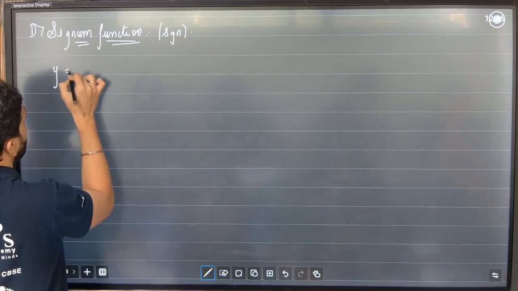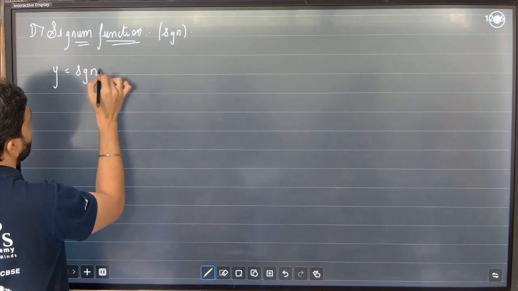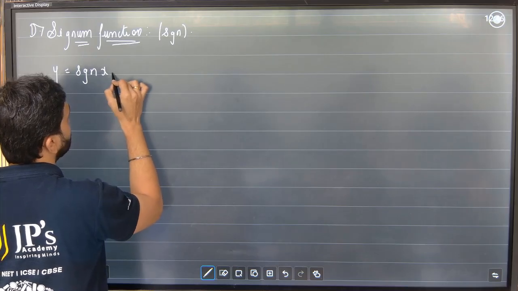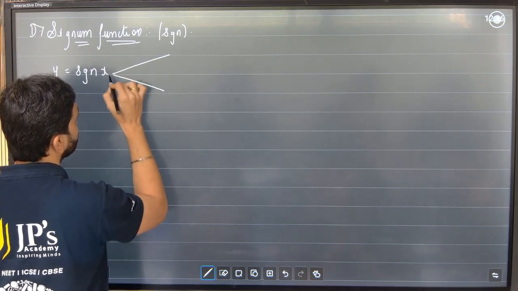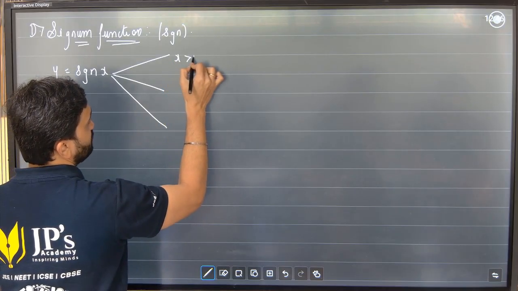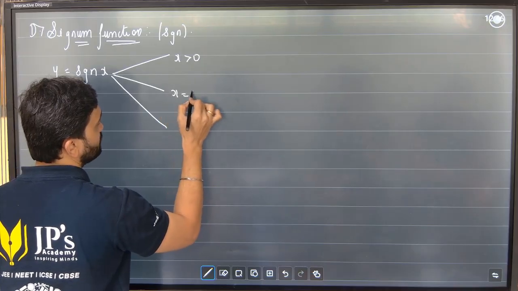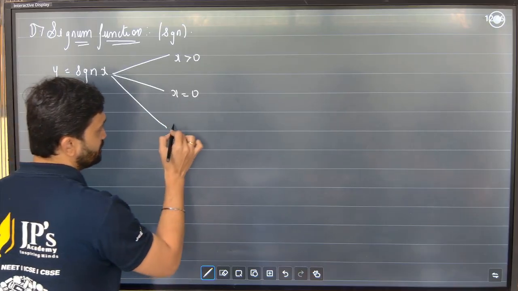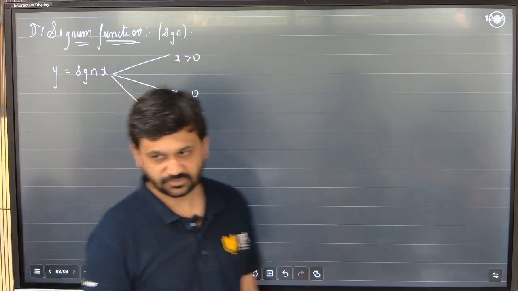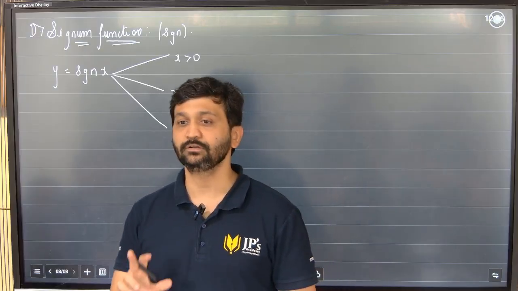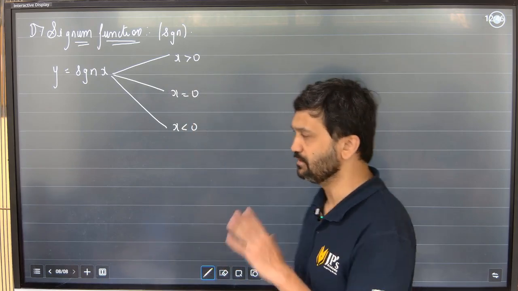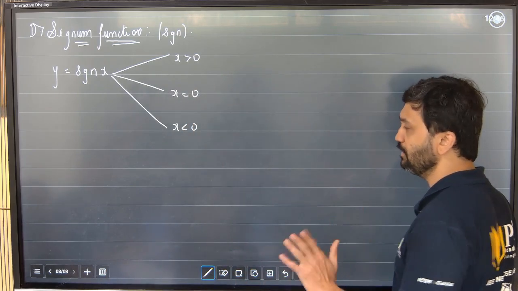Now imagine you have y is equal to SGN x, which has three conditions. या तो x पॉजिटिव होगा, या तो x 0 होगा, या तो x नेगेटिव होगा. सिग्नम फंक्शन मतलब या तो x पॉजिटिव होगा, या तो x 0 होगा, या तो x नेगेटिव होगा. प्लीज ट्राई टू अंडरस्टैंड द फंक्शन पार्ट. ये पूरा 2 साल अपने को यही करना है.